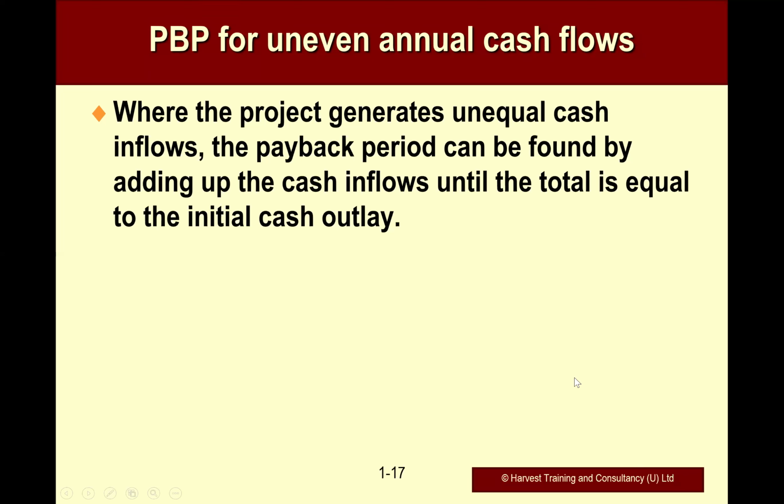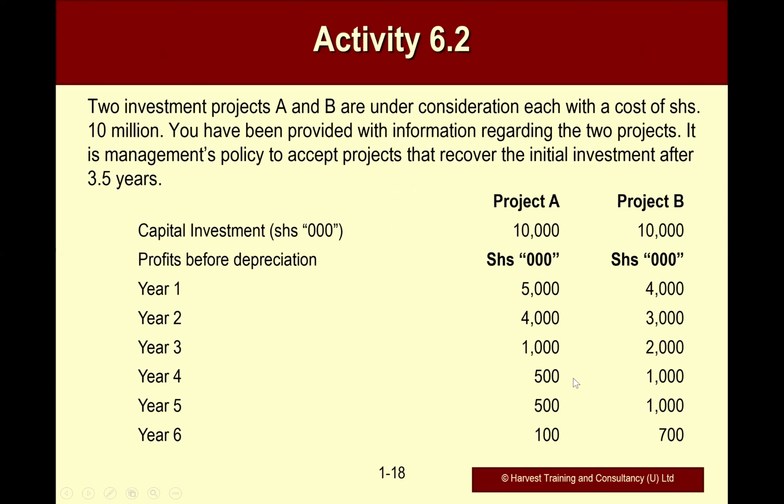So we are going to make use of this question. We have two projects A and B, which are under consideration, each with a cost of 10 million. You have been provided with information regarding the two projects. It is management's policy to accept projects that recover the initial investment after 3.5 years.